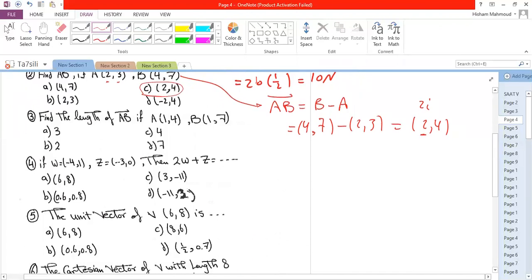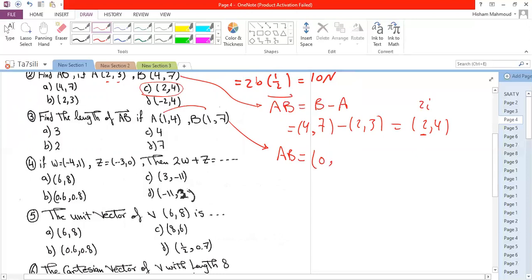How can I find the length of AB? You have two methods. You can use the Pythagorean theorem, you can use the distance, or you can use vectors and then find the magnitude of the vector. Since we are working with vectors, first we are going to find the vector AB. From the point 1 to the point 1, you move 0 units on the x-axis.